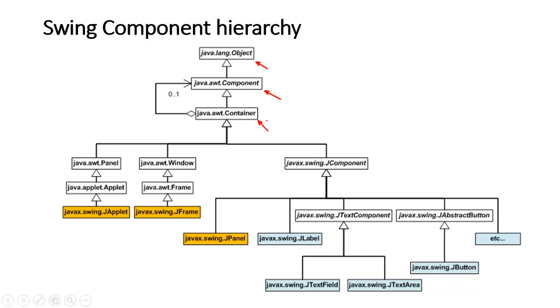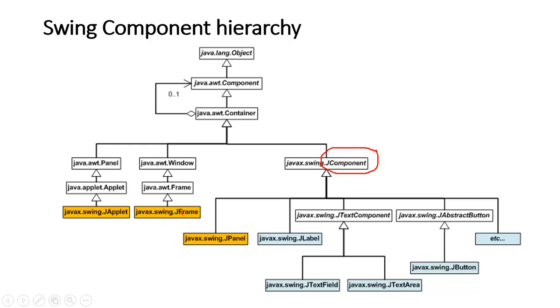Now from this Container, if you notice over here, you have one other derivation, and that is JComponent. Now all Swing components are derived from this. So when we talk about components, all components of our Swing are derived from JComponent.